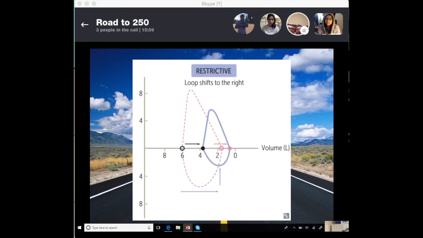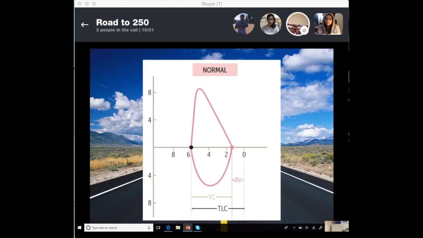So one that isn't mentioned in First Aid, but I got a UWorld question on it. I think it was the Step 2 Q-Bank. It was a pulmonary function curve that looked like this.